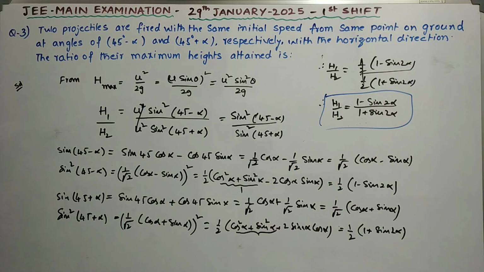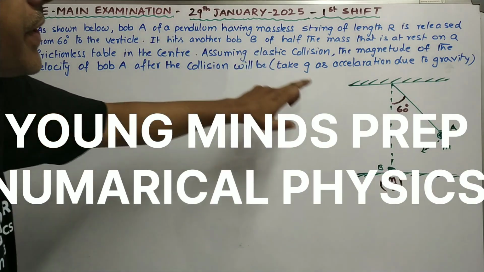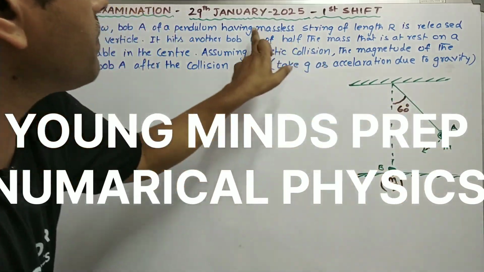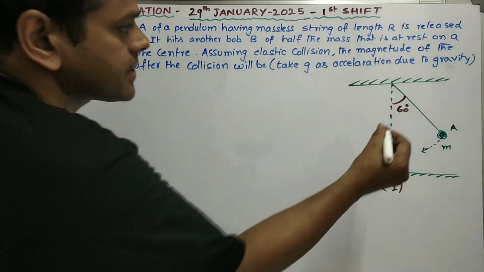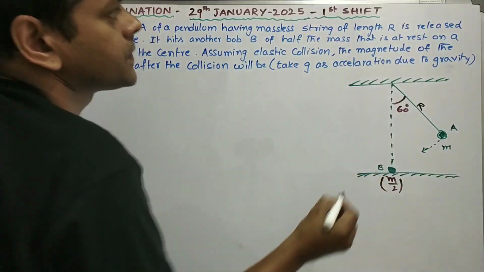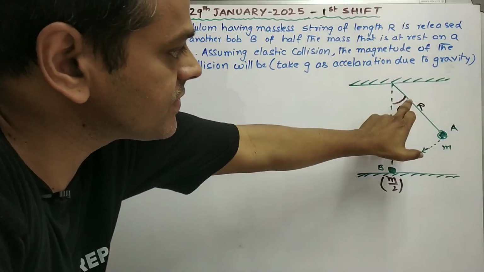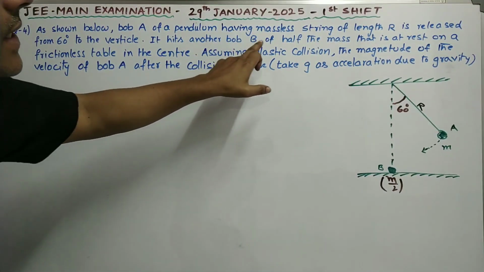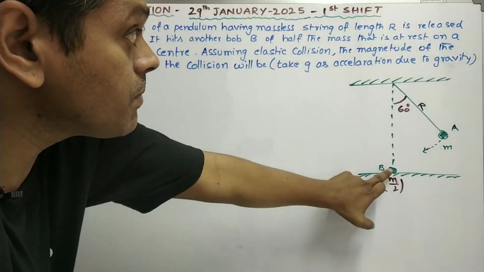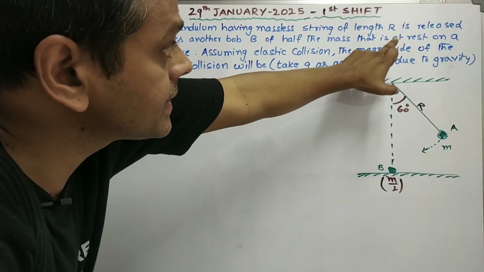Right. The fourth question: as shown below, bob A of a pendulum having a massless string of length R is released from 60 degrees to the vertical. It hits another bob B of half the mass that is at rest.